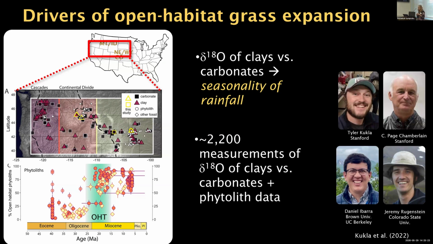These are geochemists, so they were interested in using stable oxygen isotopes in clays and carbonates. And without getting into any detail, that gives you information about seasonality of rainfall. And so they looked at many measurements of stable oxygen isotopes across the western U.S., northwestern U.S., from the continental interior, and then they compared that to the phytolith data, showing this opening in this OHT interval, open habitat transition.